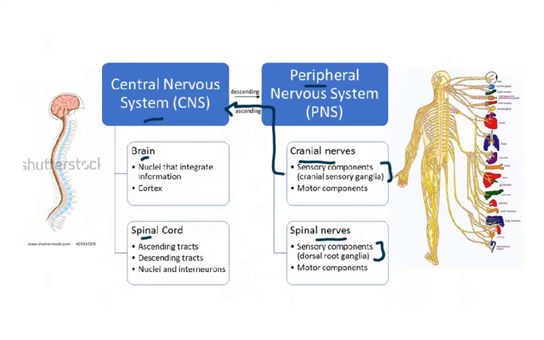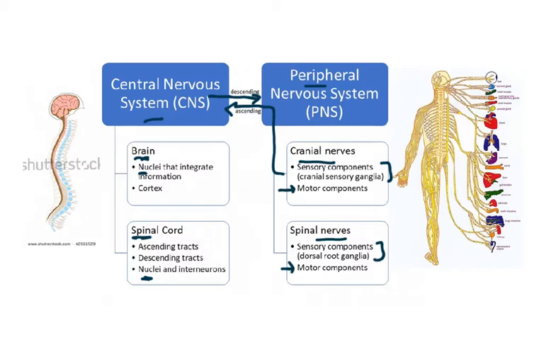And then we've talked about the motor components, as far as these would be things that originate inside the brain or the spinal cord within nuclei inside the brain or spinal cord, and then send the information out to the peripheral nerves via the descending tracts, where then those motor components in the periphery respond.